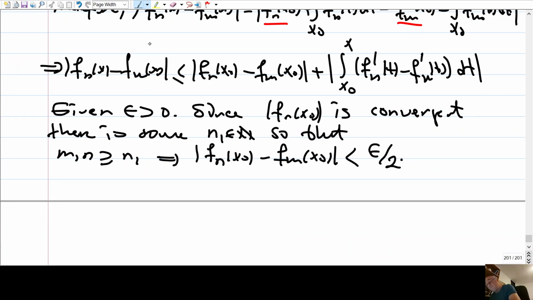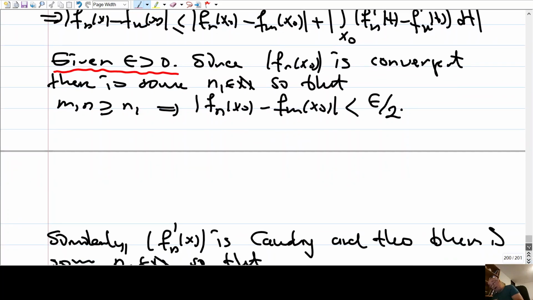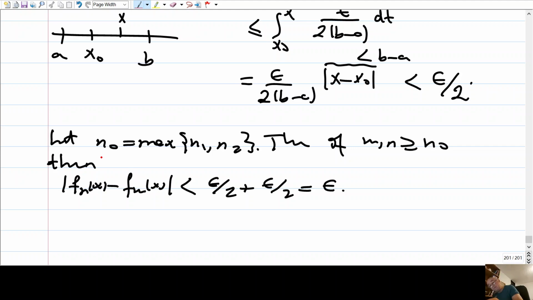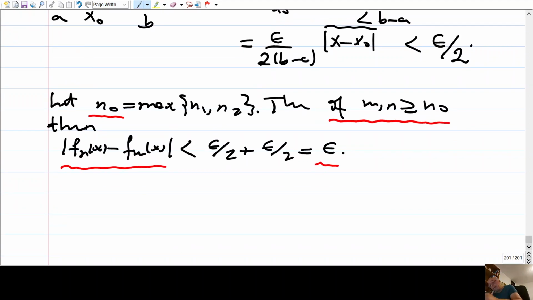So let's see what we have obtained. Given epsilon positive, I found some n0 so that if m and n are larger than n0, then this distance is less than epsilon. So this implies what?